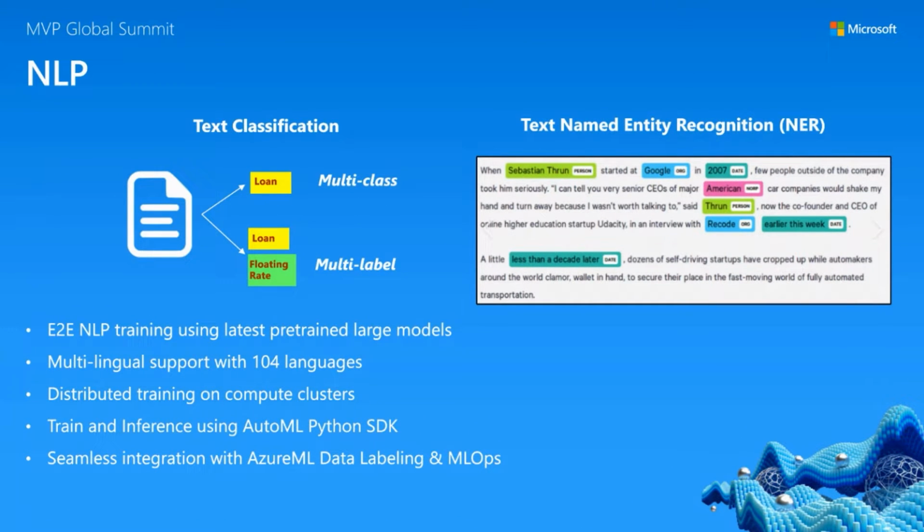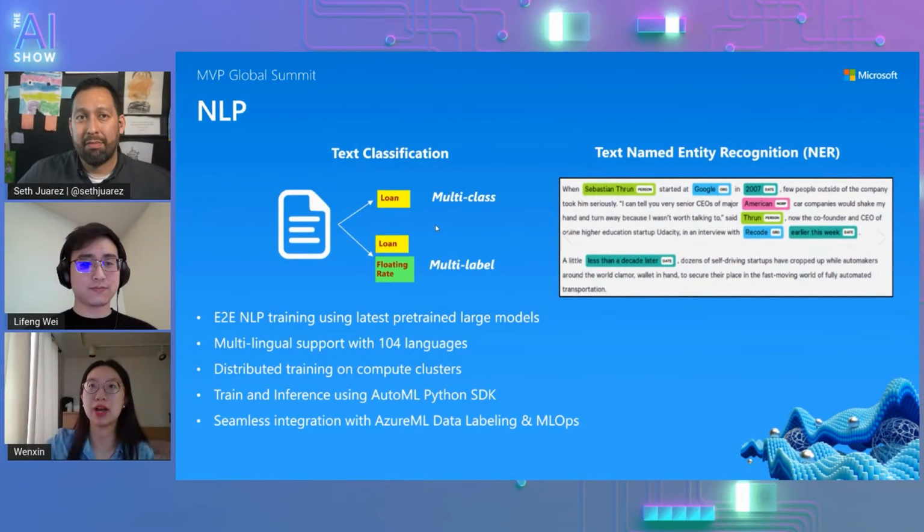And we provide 3 different scenarios. The first one is multi-class text classification, where you can classify your text data into one category. The second one is multi-label text classification, where you can assign multiple labels to a specific text sample. And the third scenario we are offering is named entity recognition.